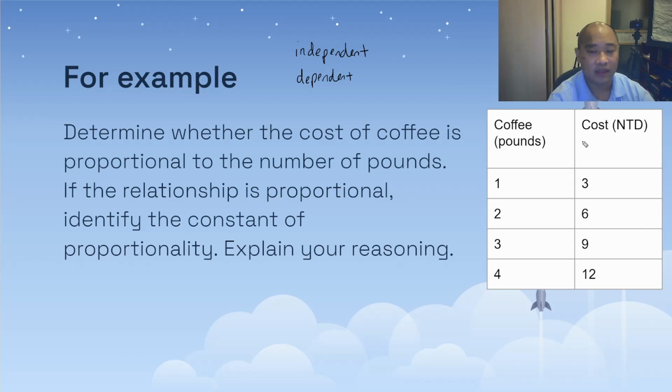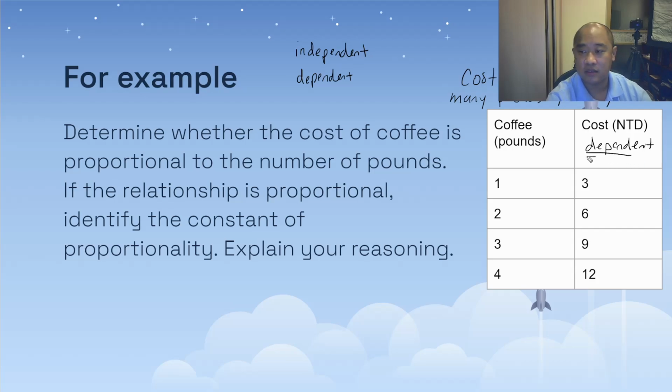And when you look at it like that, you should be able to see that cost depends on how many pounds you buy, right? So if cost depends on how many pounds you buy, then the cost is the dependent.